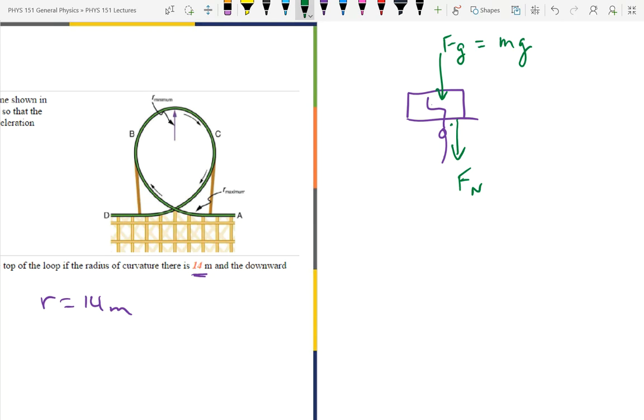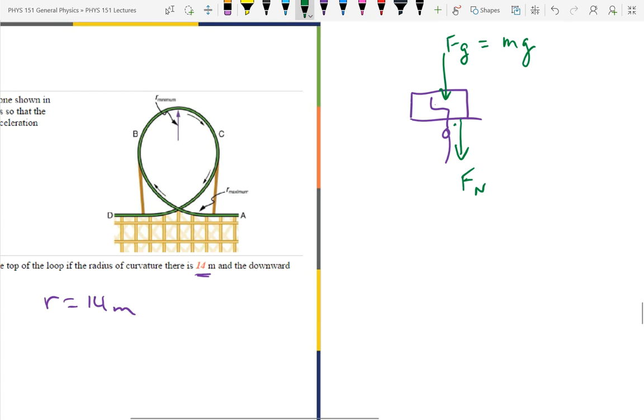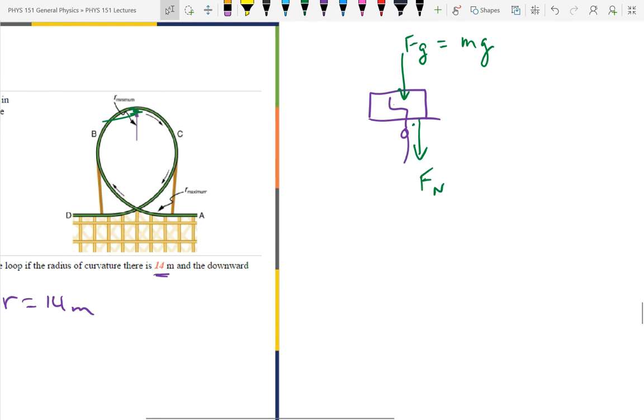And if there was no cart, what path would you take? You would take a horizontal path that starts falling. So if you're here on the roller coaster and there was no track, my finger moved the screen while I was trying to do that. You would take a path like this. Well, that path didn't curve as much as the track did.